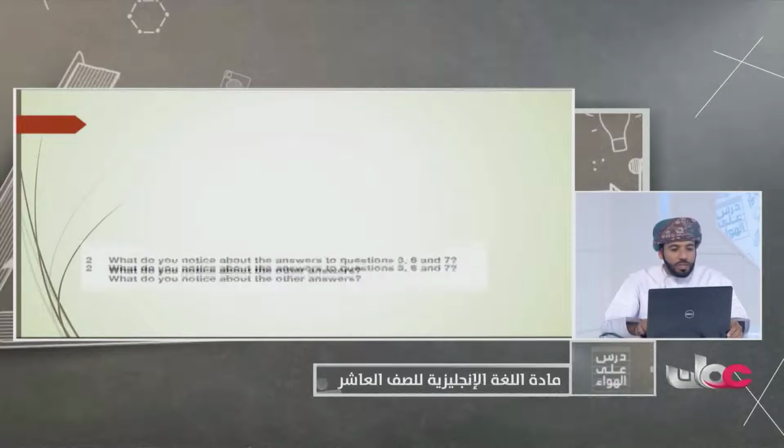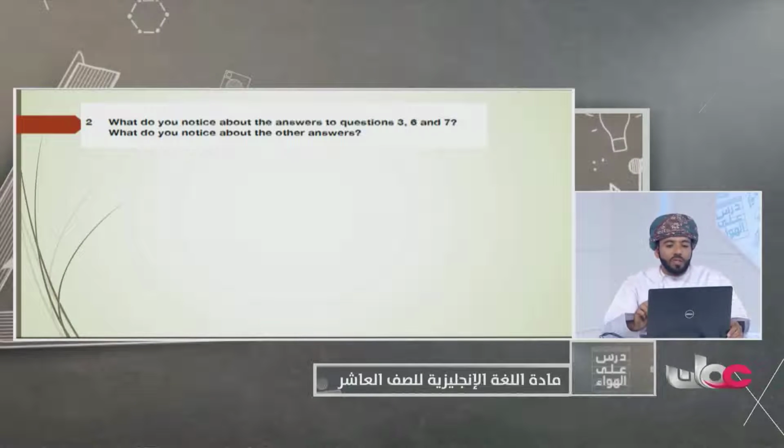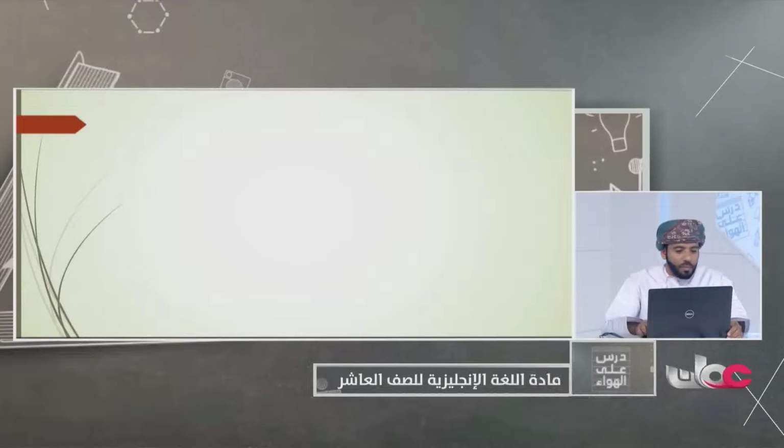Now the question said, what do you notice about the answers to questions 3, 6, and 7? And what do you notice about the other answers? So let's go back to 3, 6, and 7.